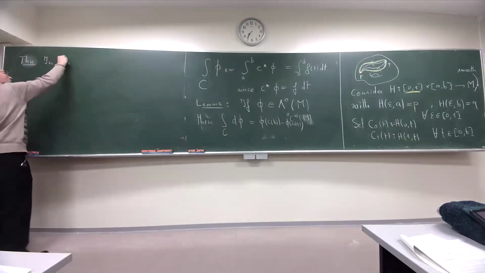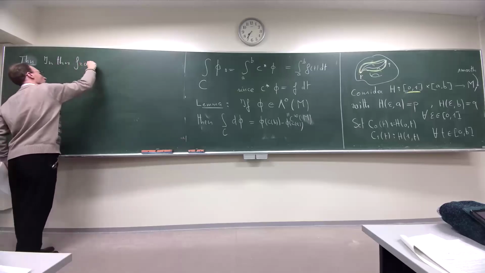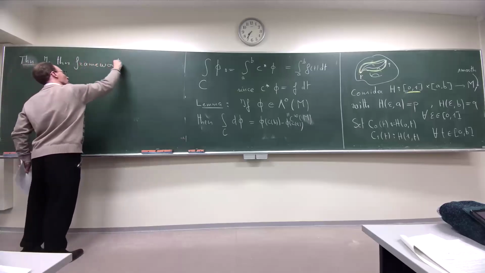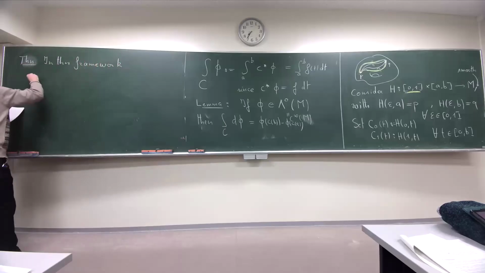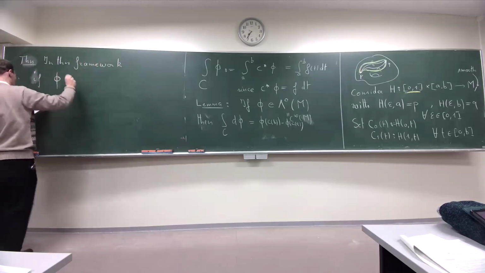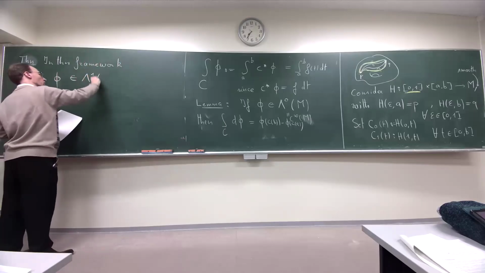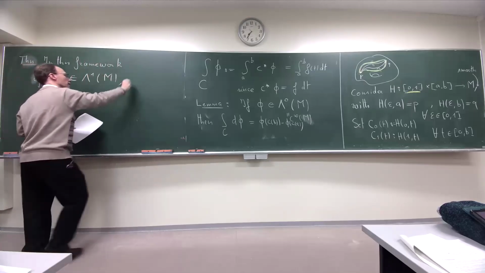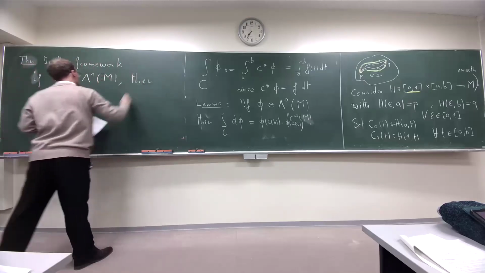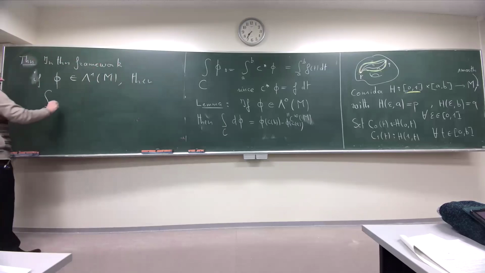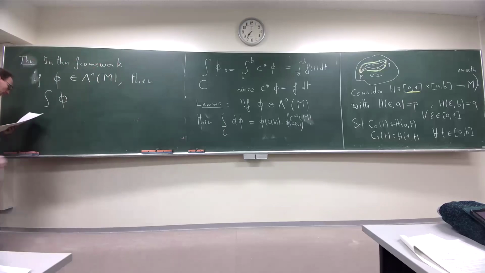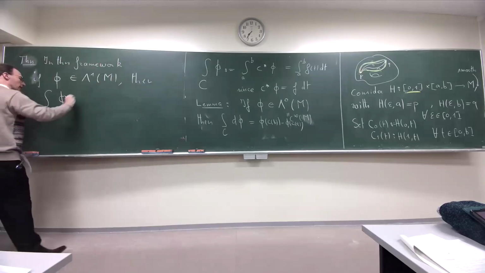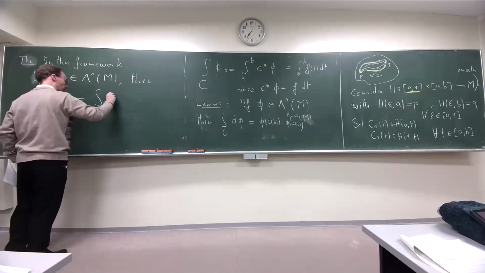In this framework, if you take a phi, which is a one-form on M, then the integral of phi on C0 is equal to the integral of phi on C1.